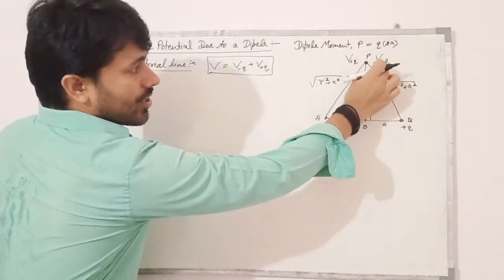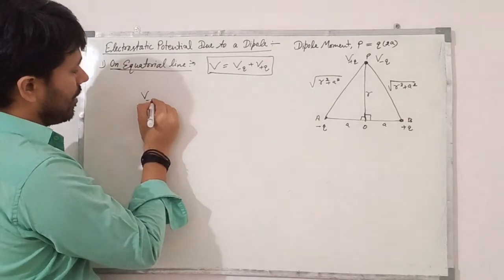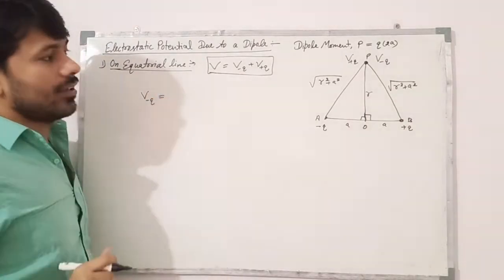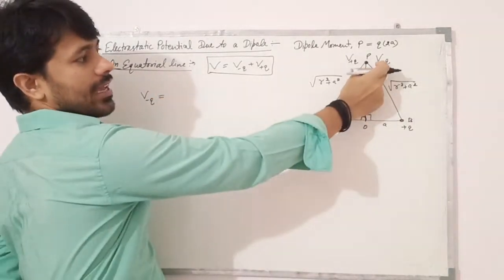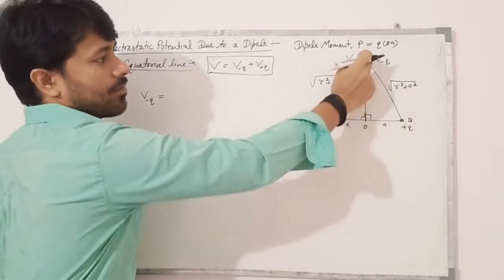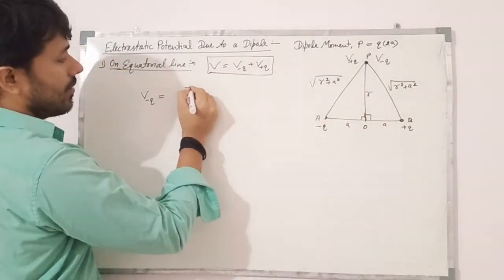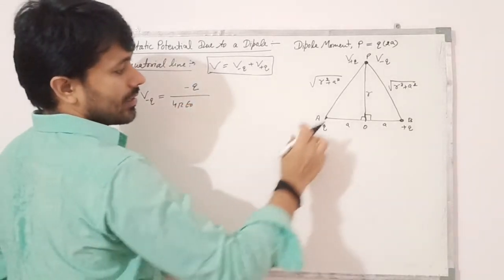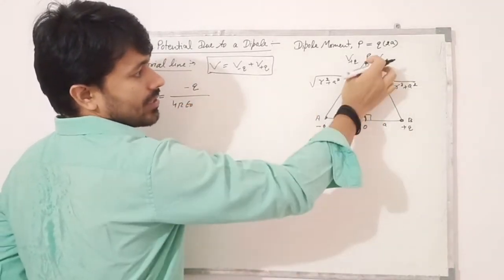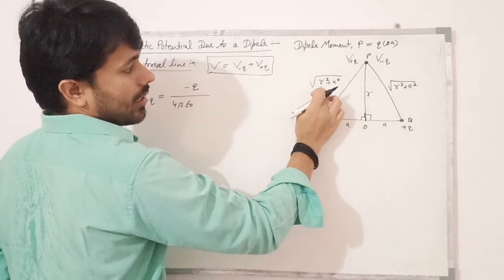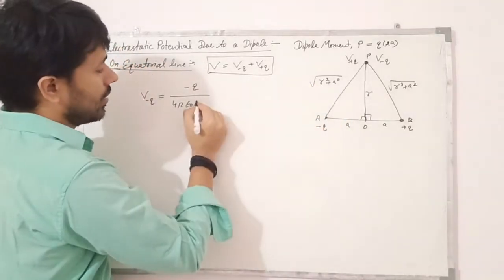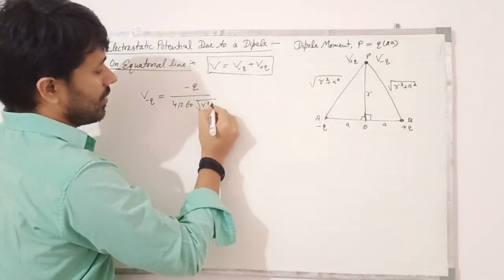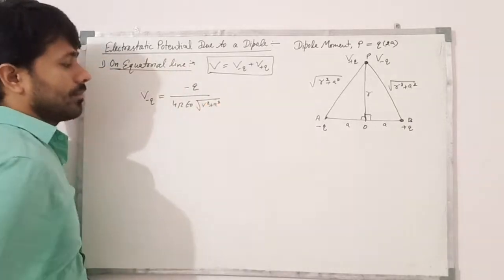Potential due to the negative charge at point P is minus Q upon 4 pi epsilon naught, and the distance between this charge and point P, AP, is under root R square plus A square.